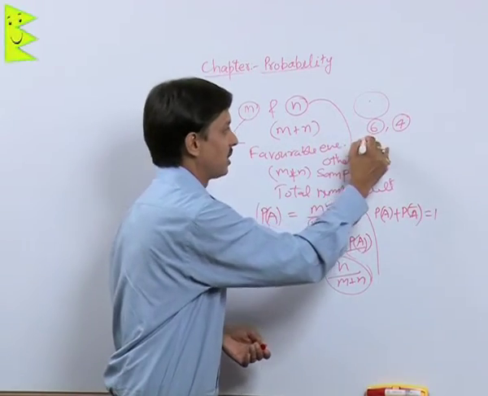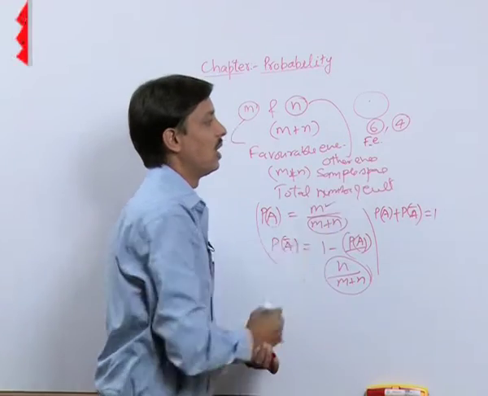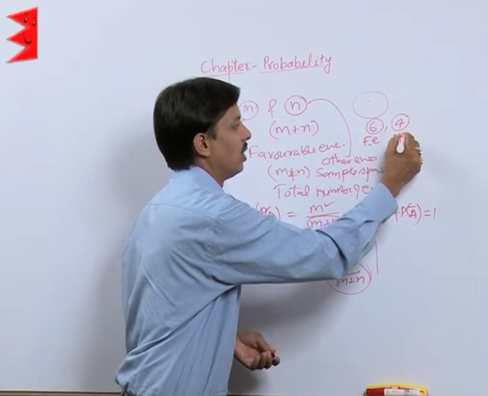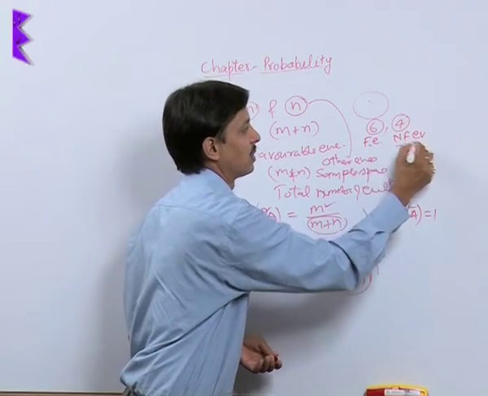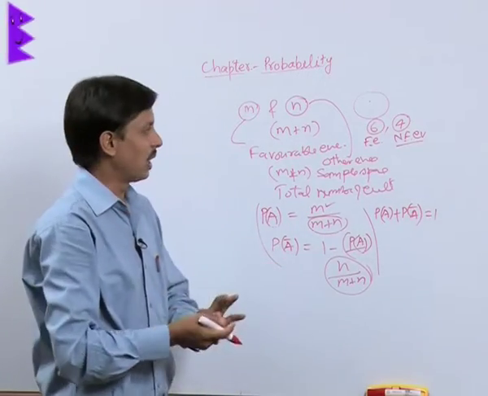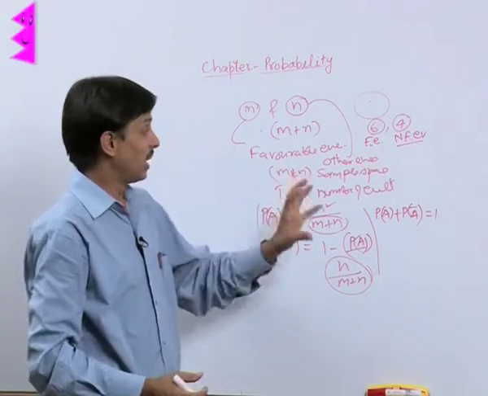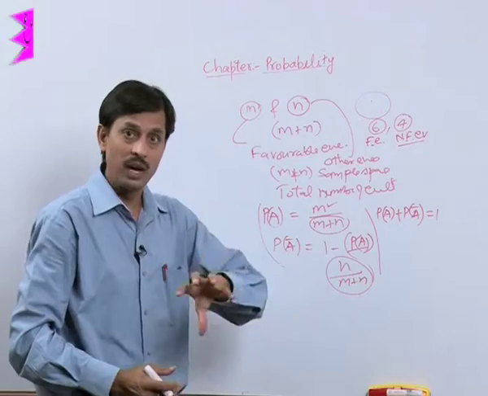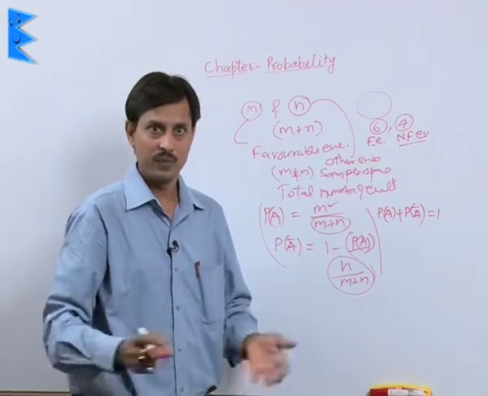So 6 are the favorable events and 4 are the non-favorable events. Now the question is what are odds in favor and odds against.